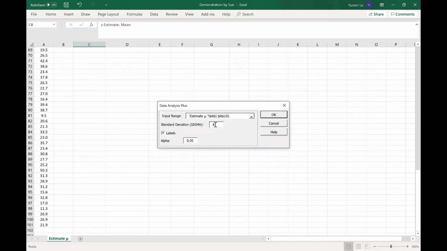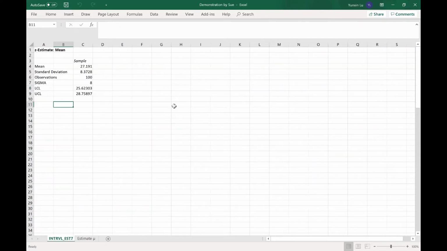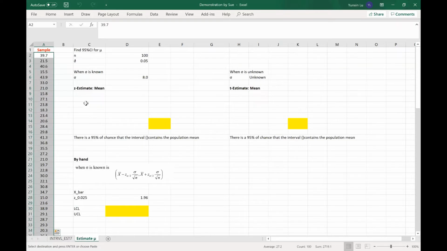The standard deviation given by the question is 8. And as we include the first row of the sample, it's a label, so we click Labels here. Alpha is what we calculated. So okay, we copy the result here.